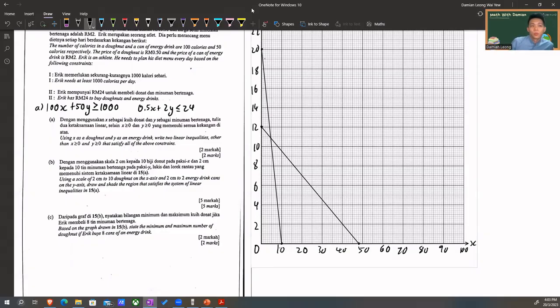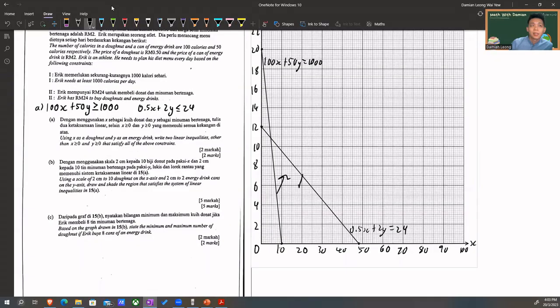So once I get this, I shade the region. So this is the first one, 100x plus 50y equals 1000. This one is the 0.5x plus 2y equals 24. So this one, more means above this line.